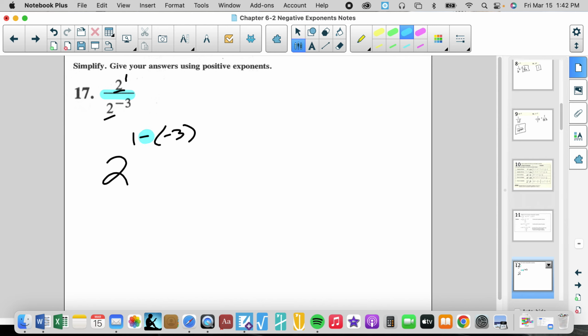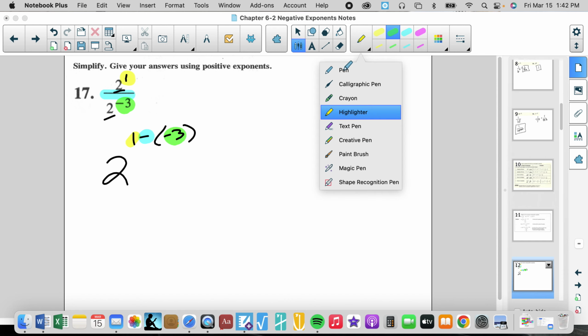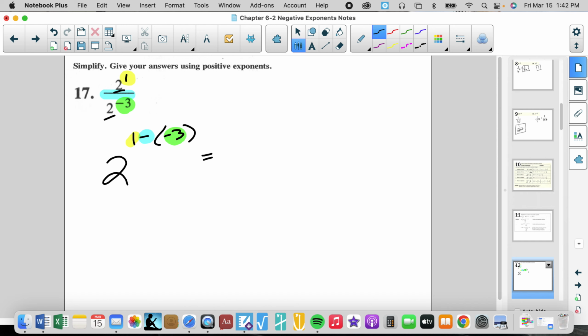And we're going to subtract the exponents, the numerator minus the denominator. That negative needs to be represented as its own entity, and the subtraction is the act of dividing. So that becomes 1 plus 3, that becomes 2 to the 4th, which equals 16.